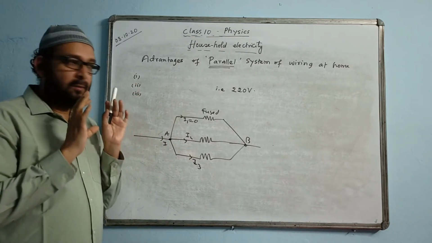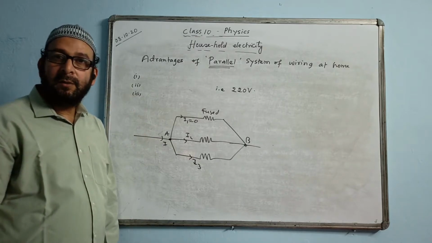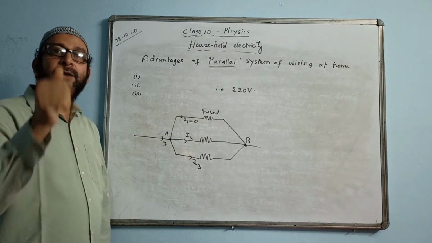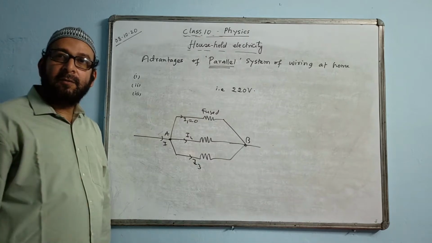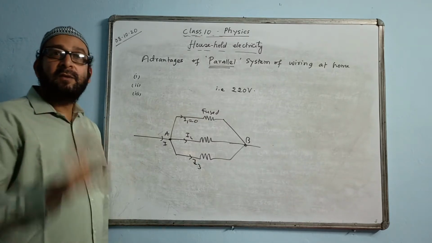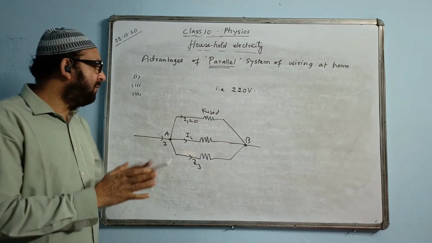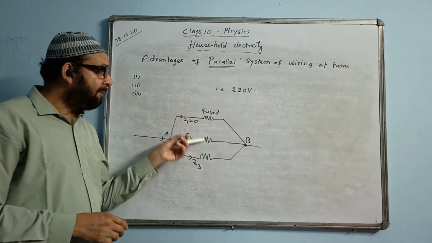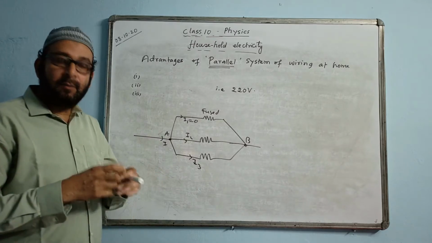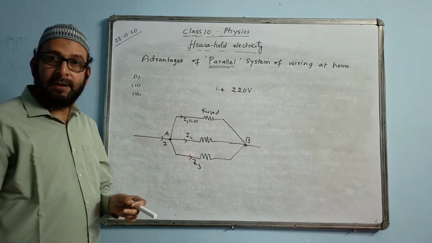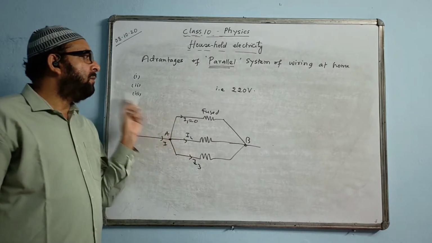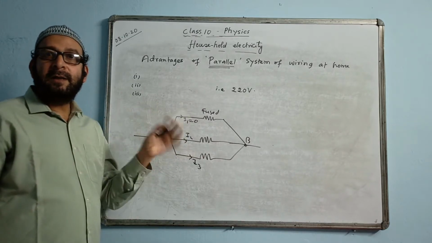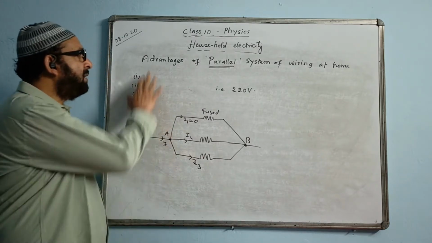So you can just press the switch to turn on the fan only, and the other things will remain off. That is only possible when we have the parallel combination, because in parallel each device has its own switch separately. So each appliance is run independently. That is the idea behind it. So three advantages we have.